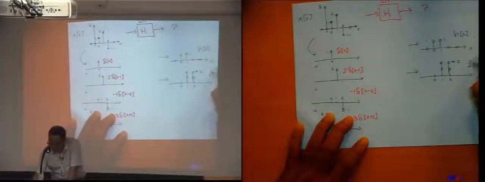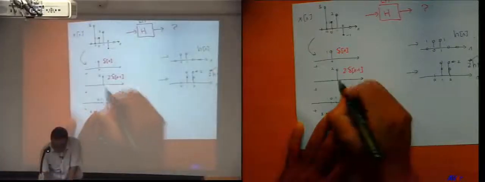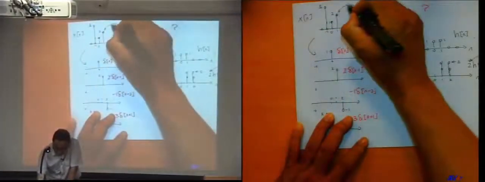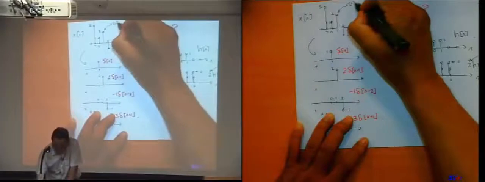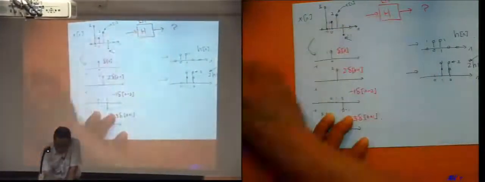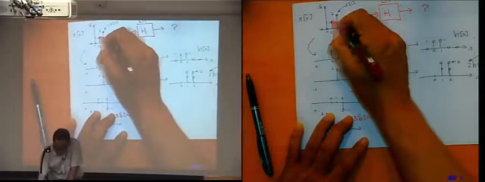Now, I don't like to use the word 2, so let me call this x1, this guy x2, this guy x0, and this guy x of minus 1.